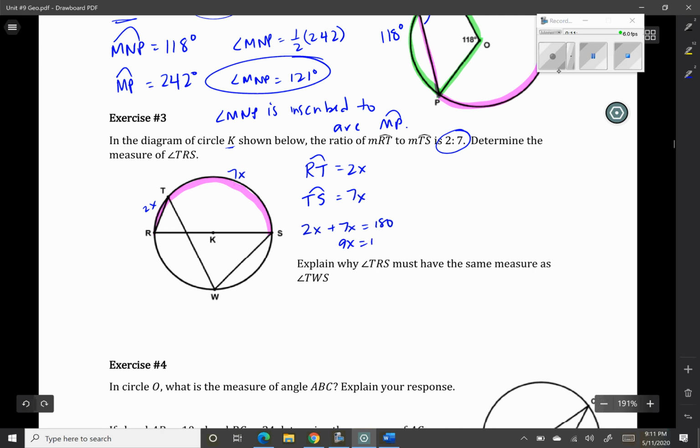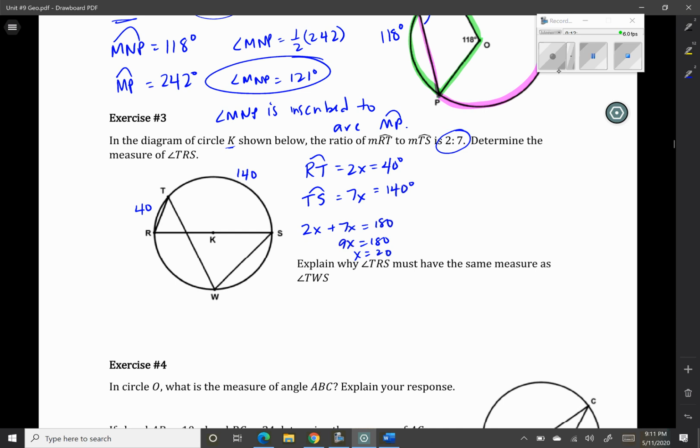Combine like terms and do some algebra, and you get x equals 20. If x is 20, that means arc RT is 40 and arc TS is 140. So we can say arc TS is 140 and arc RT is 40.